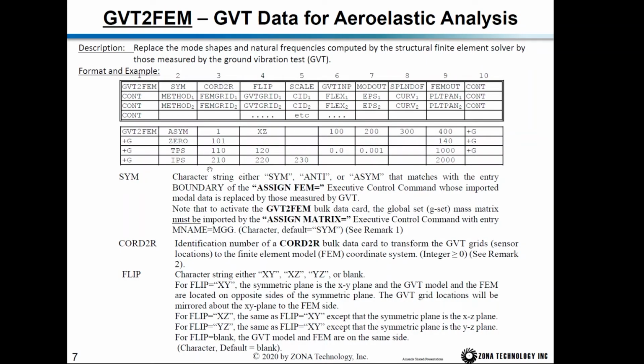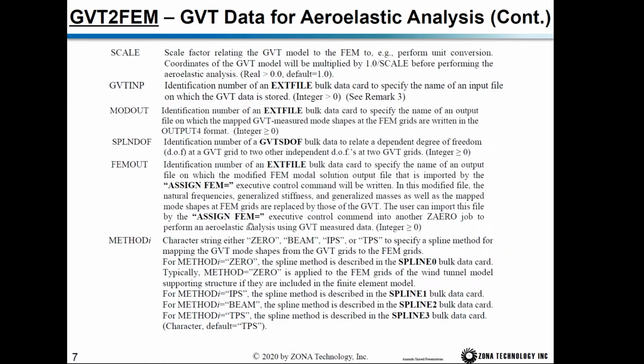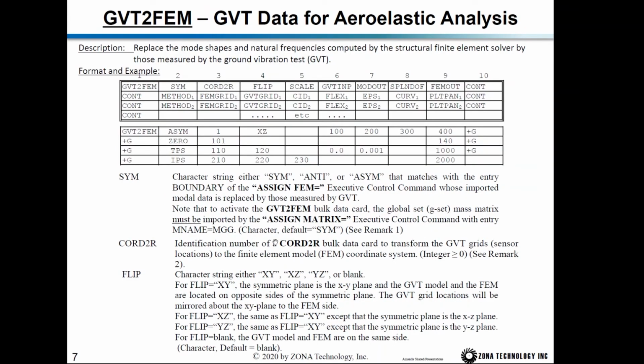This GVT2FEM is an open-ended card. So you have METHOD, FEM GRID, GVT GRID, CID, FLEX, EPS, CURVE, and PLOT PEN. So the first, METHOD, is a character either 0, BEAM, IPS, or TPS. If it's 0, that means you assume, first of all, this spline is performed using a component by component approach.